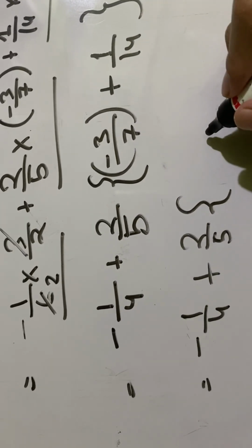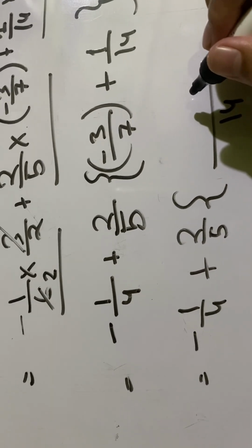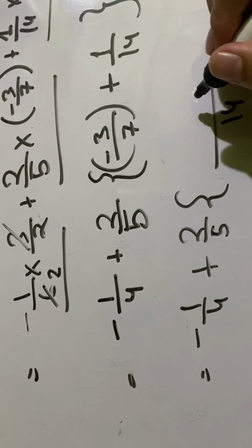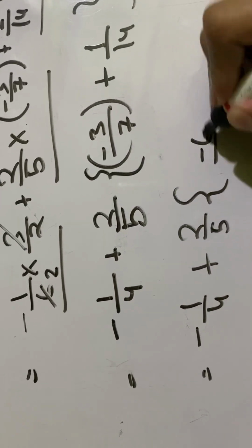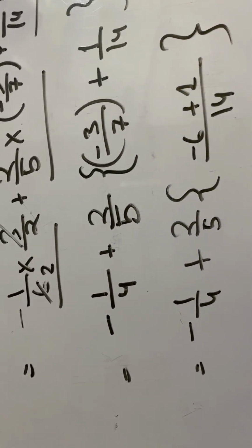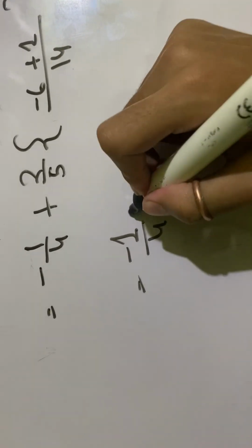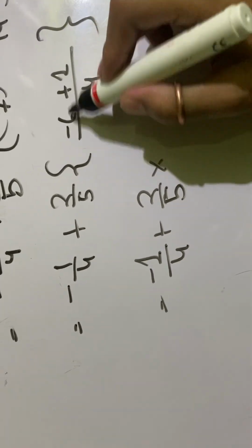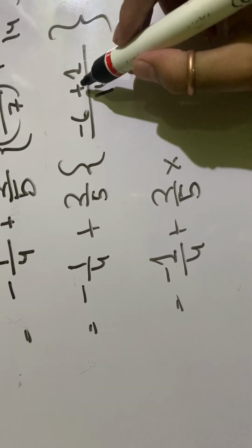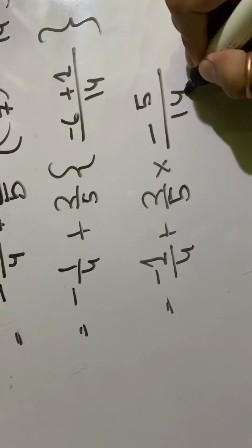We will take LCM 14, this will come minus 6 plus 1 bracket close, minus 1, then minus 1 by 4 plus 2 by 5 into, then plus minus plus, it will come as minus 5 by 14.